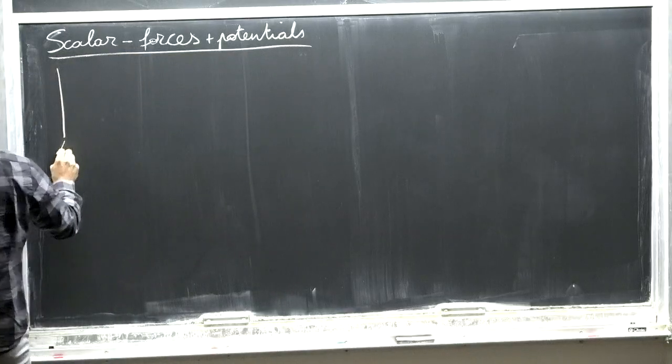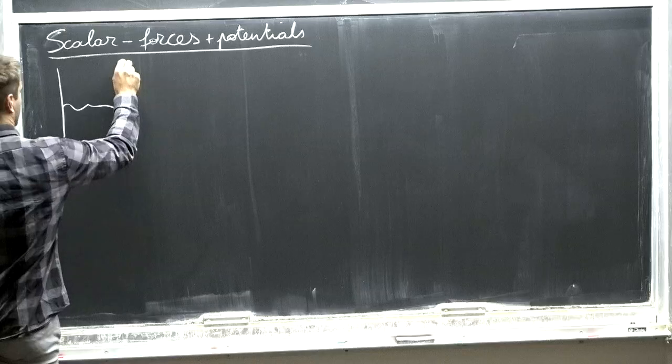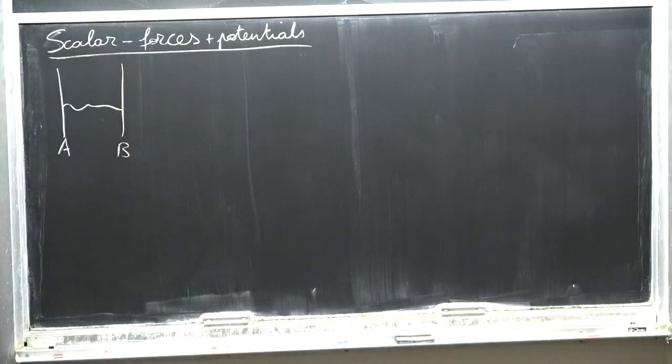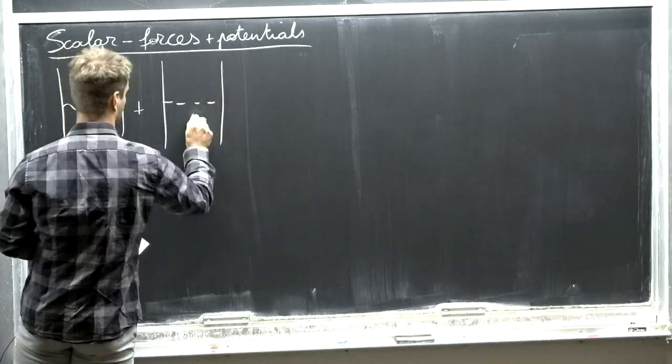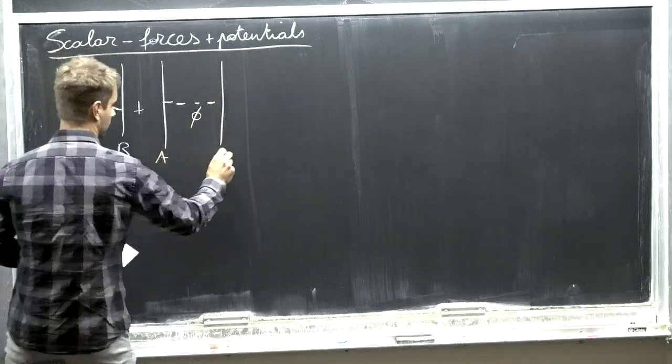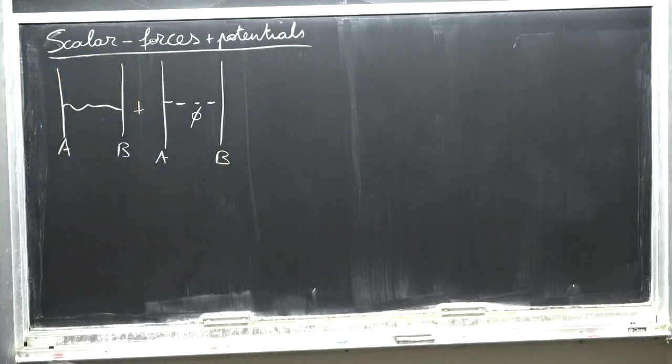So if you have two masses A and B, they have a gravitational force from single graviton exchange, but they can also have a force from some CP even exchange.